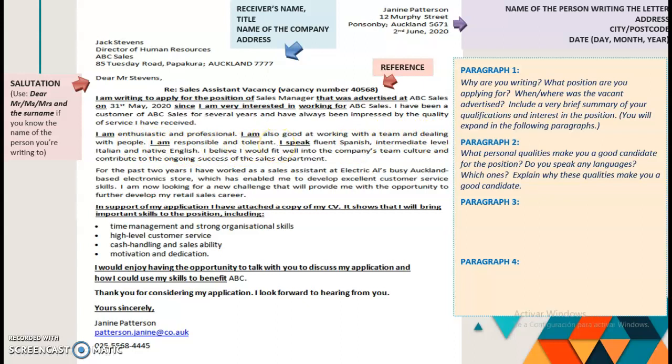Then you should mention if you speak any languages. You should mention which ones and state the level that you have in such languages. For example, "I speak fluent Spanish, intermediate level Italian, and native English." Remember that when we speak about languages, you can say that you speak fluent English, Spanish, Italian, Portuguese.